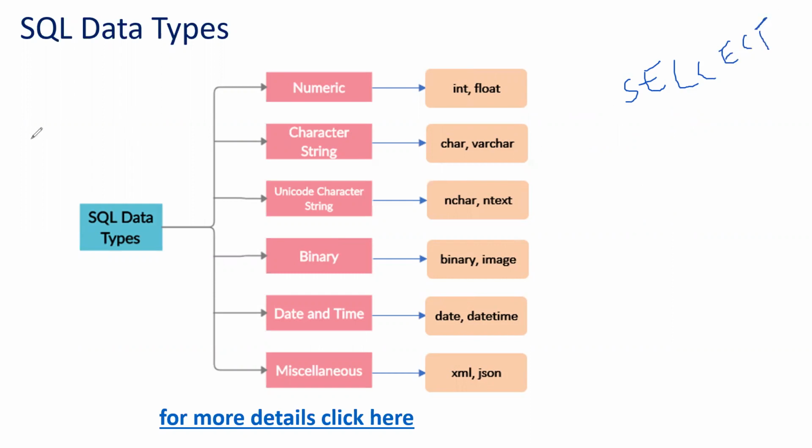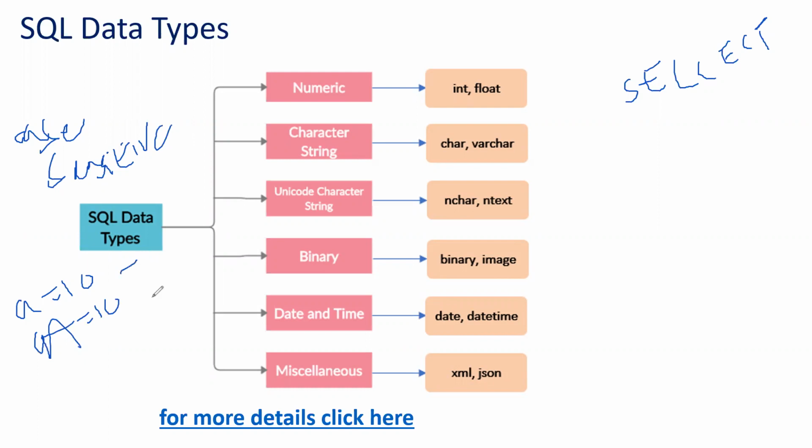Python is case sensitive: a equal to 10 and A equal to 10 are not the same. But in SQL, you can write the select command like this or this also. I'll show you.